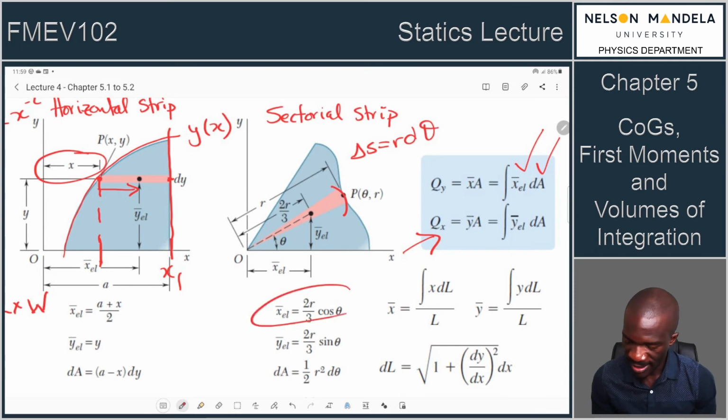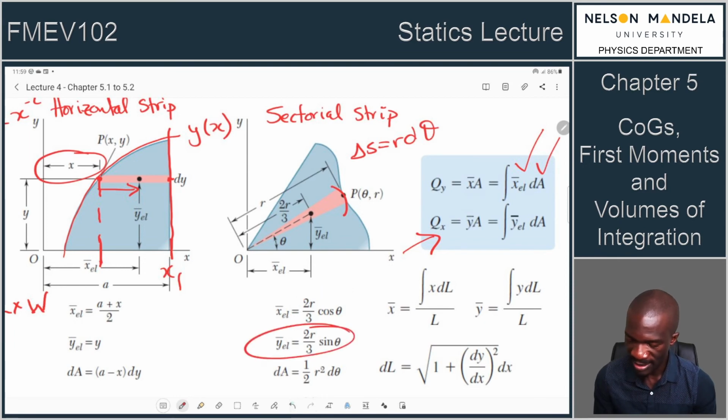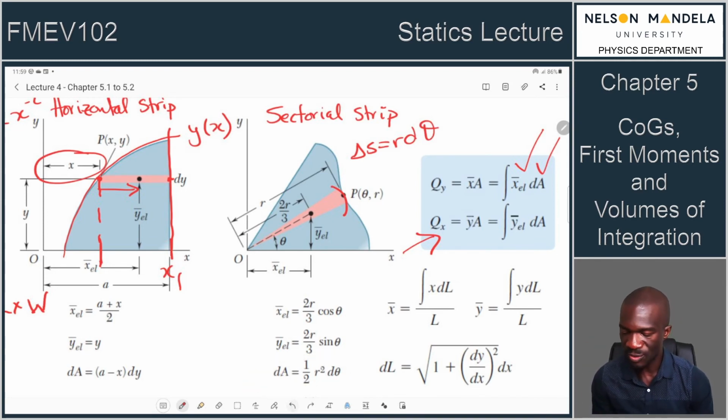Right, so our x element is simply equal to this centroidal position. It's 1/3 from the base of the triangle, so it's 2/3 from our origin. That's why we have 2/3 of r cos theta. The same applies to your y bar, which is now in the upward direction, so it's 2/3 of r sine theta this time. Our dA is just what?